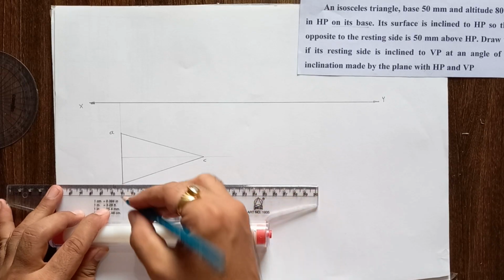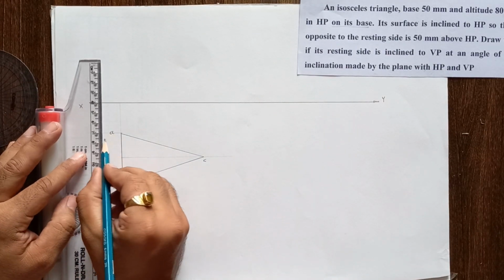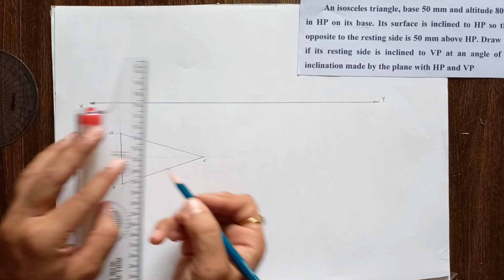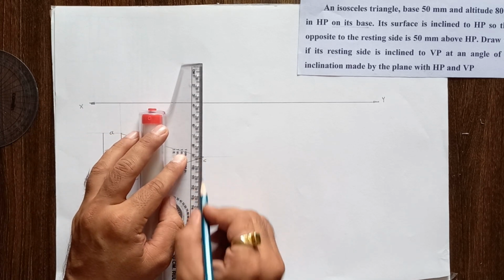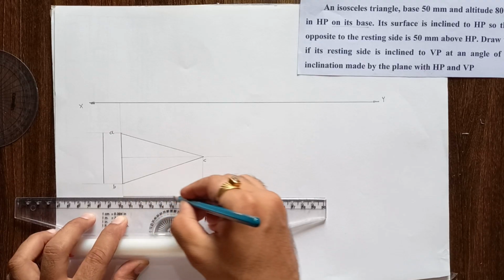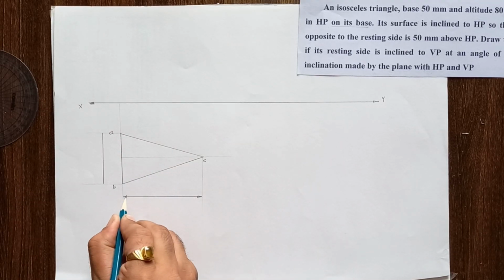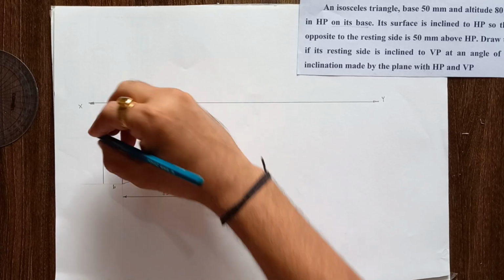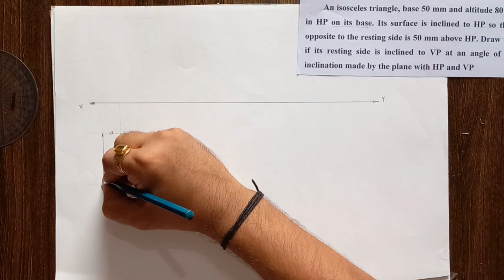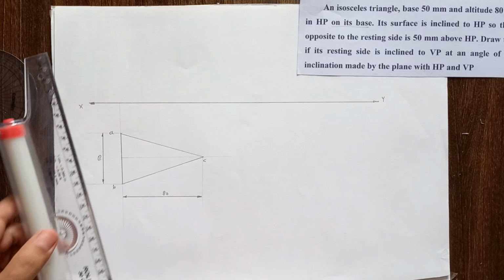You can give the dimensions. The base is 50 and the altitude is 80 mm. Now this is the stage 1 top view.